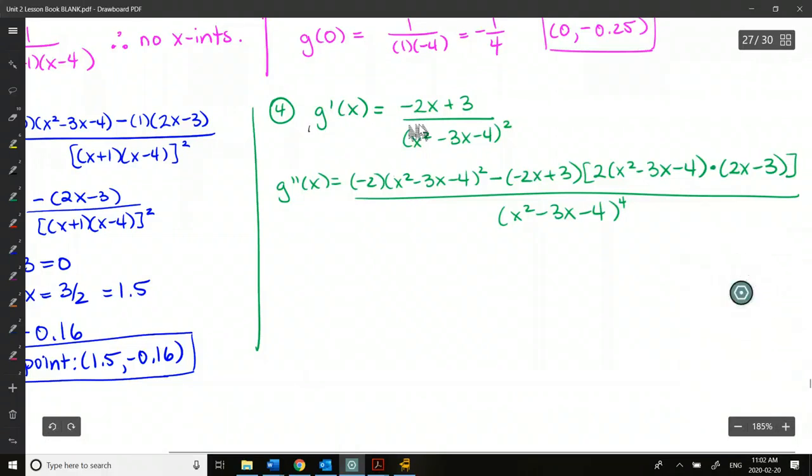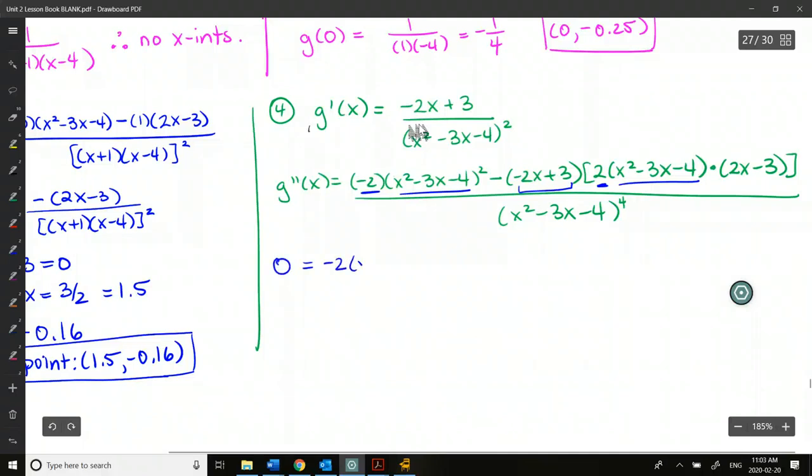Okay, so I'm going to take out a common factor of negative 2 here. So I'm going to take out the 2 here, and maybe I'll take the negative out of this just because we have another 2x minus 3 there. And I will also take out one of these from each term.